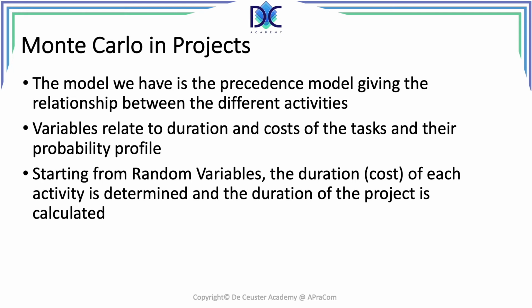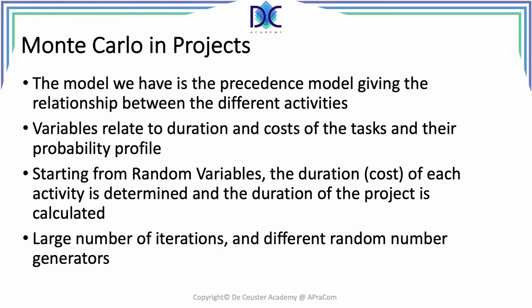We are not going to identify the critical path, we are just going to calculate the duration of all possible paths. There's a large number of iterations, and it can be 100,000 or 1 million. Of course, it is clear that with more powerful computers, we can have a better estimation and do more iterations, and the software can easily let you do 1 million iterations without too many problems.